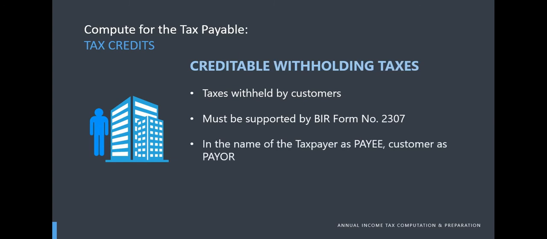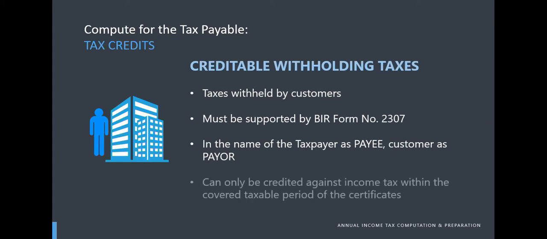The certificate itself must be in the name of the taxpayer as payee, customer as the payer. And these creditable withholding taxes can only be credited against income tax within the covered taxable period of the certificates. So if you have certificates from 2019 and you failed to include it as tax credits in 2019 ITR, then you cannot claim it as tax credit in 2020.